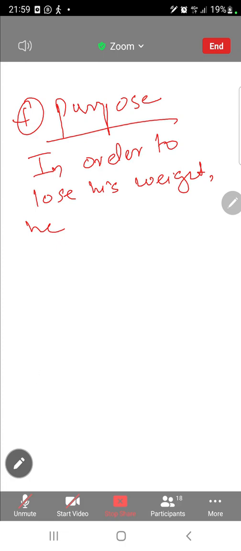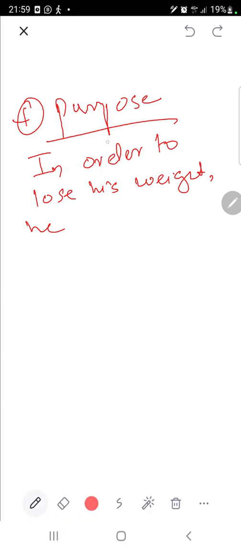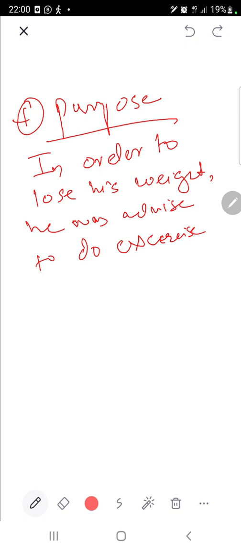Okay, sorry for that. Basically, you can see, in order to lose his weight, he was advised to do exercise. So it can be written in this way.